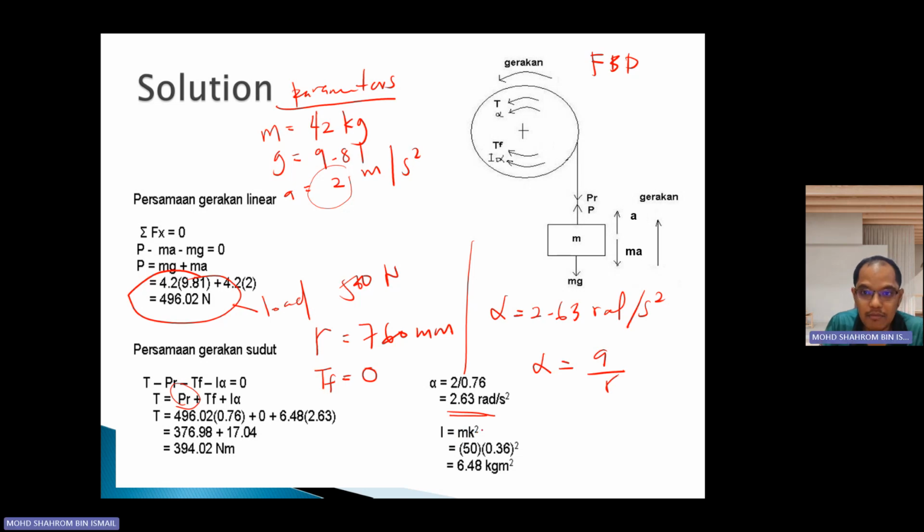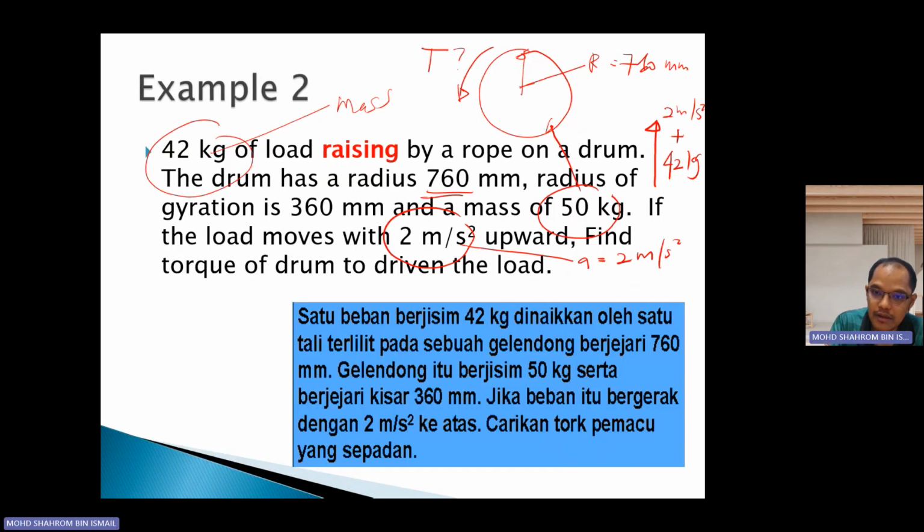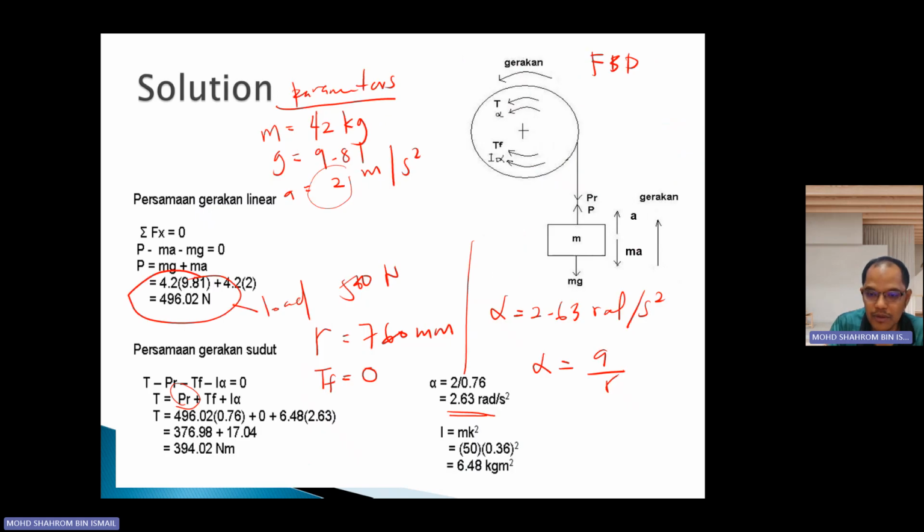Yeah, m is the mass of the drum or the wheel. For this one, the mass is 50 kilogram. This one, the mass is 42 kilogram, something like that.